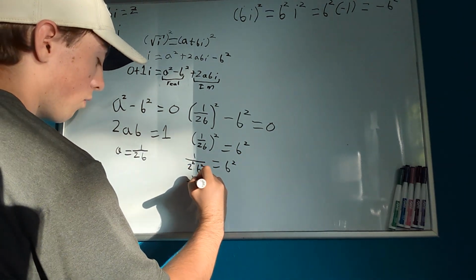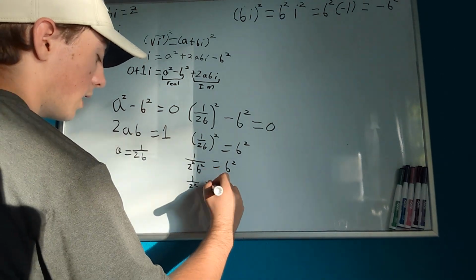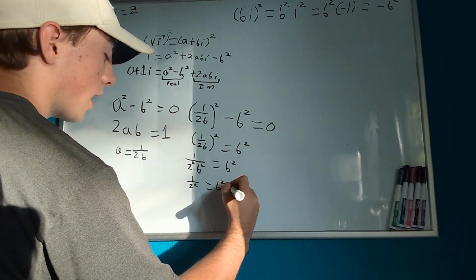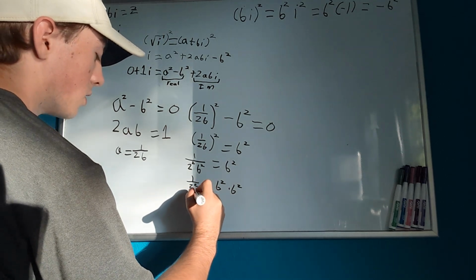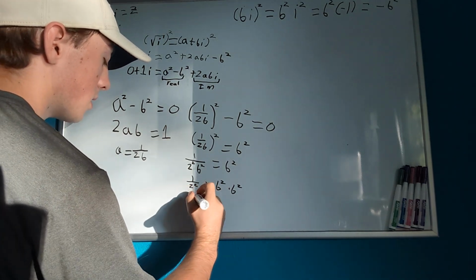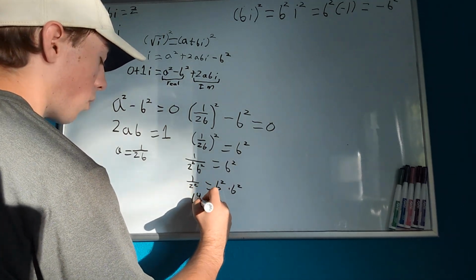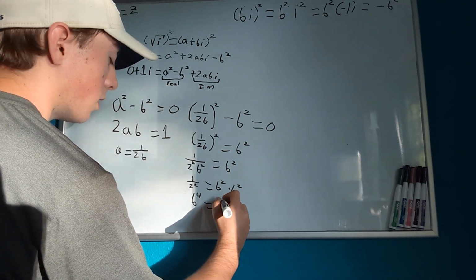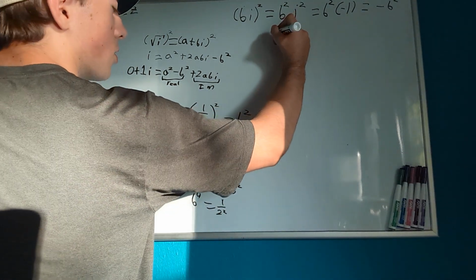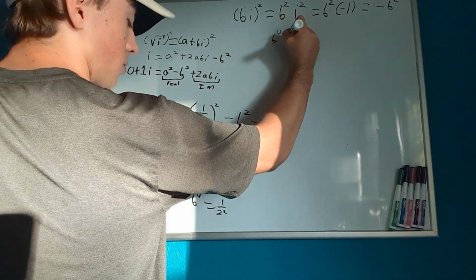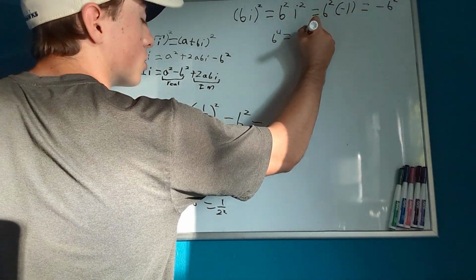We get 1 over 2 squared equals b squared times b squared, and that is b to the fourth. So far we have b to the 4th equals 1 over 2 squared.